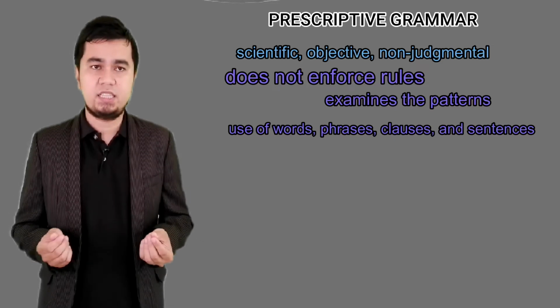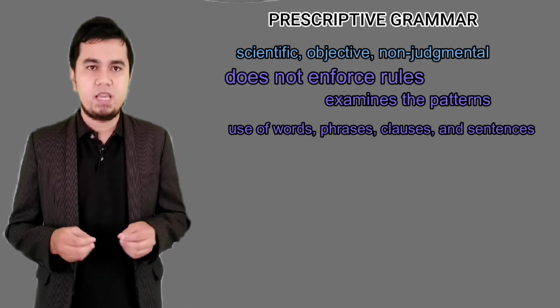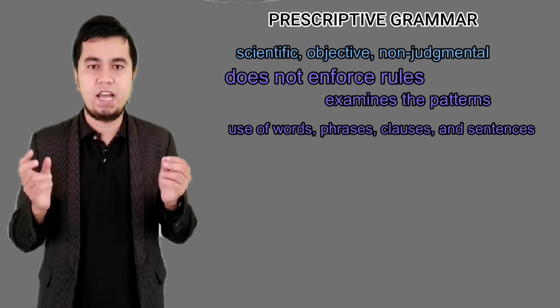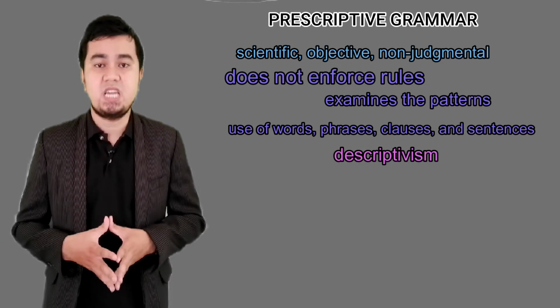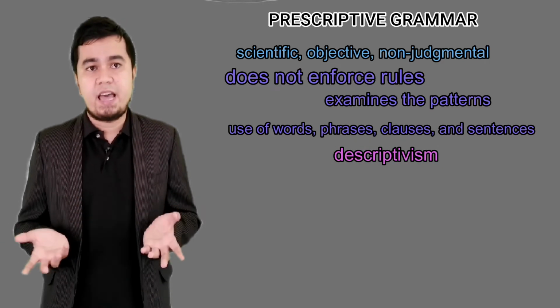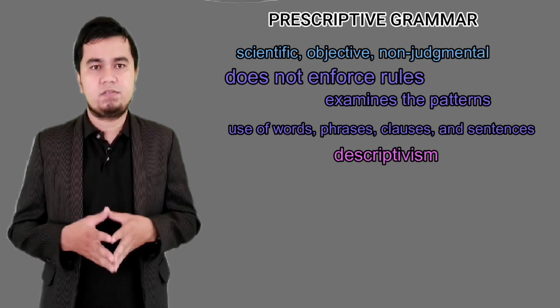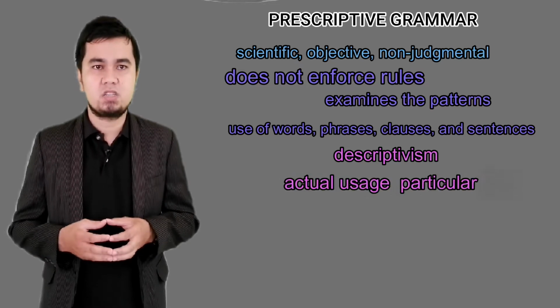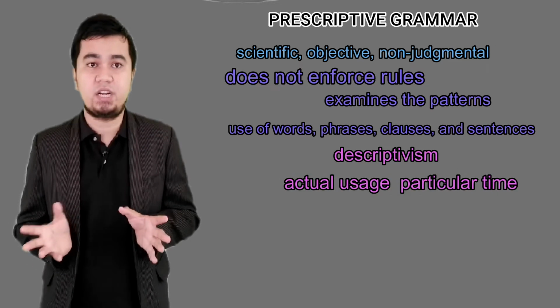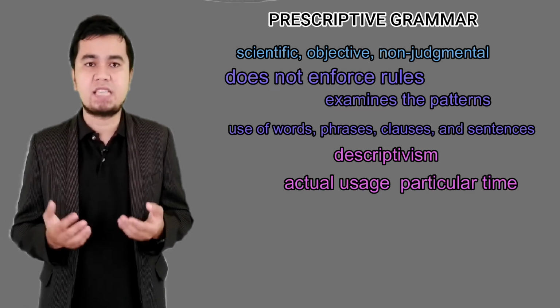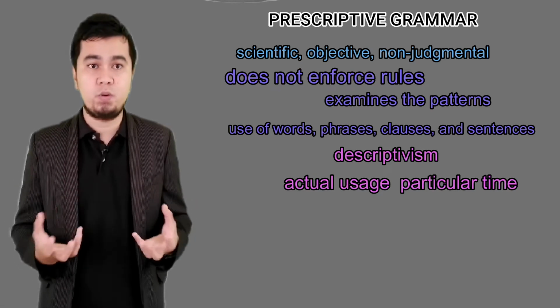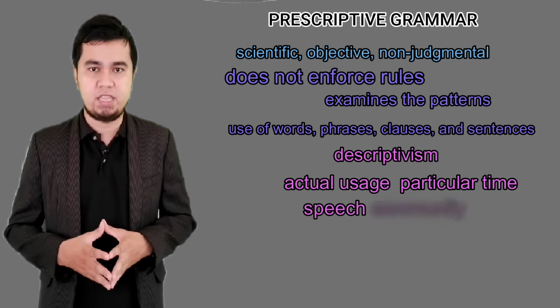So this descriptive grammar is based on the idea of descriptivism. Descriptivism is the belief that emphasizes the description of the actual usage of language at a particular time. So in this, we describe how the language is actually used by the group of people in a speech community.